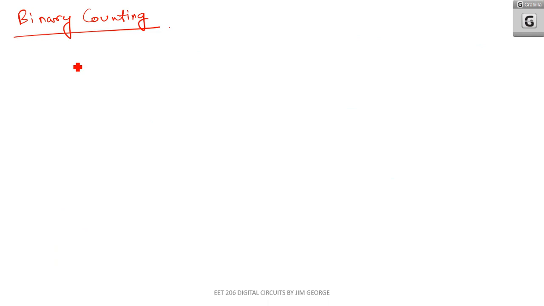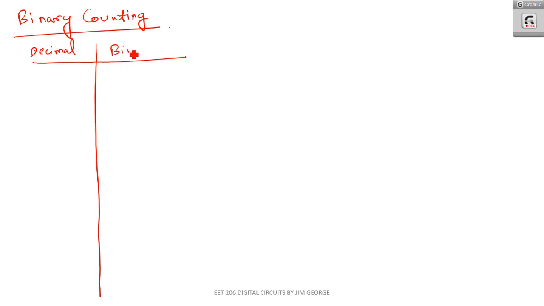So I will write a column here: decimal number and corresponding binary number. Here I am going to use a 5-bit representation, because 2 power 5 is 32. That is why I am going for this 5-bit representation.